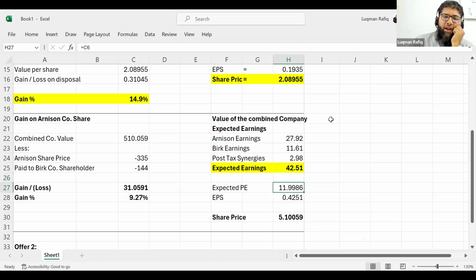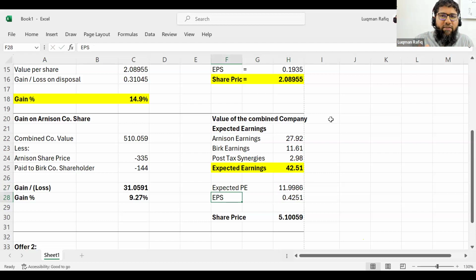Now we are expected to have a PE ratio which is going to be the same as Arneson's current PE ratio. See, now it's Arneson only because Burke company is acquired.